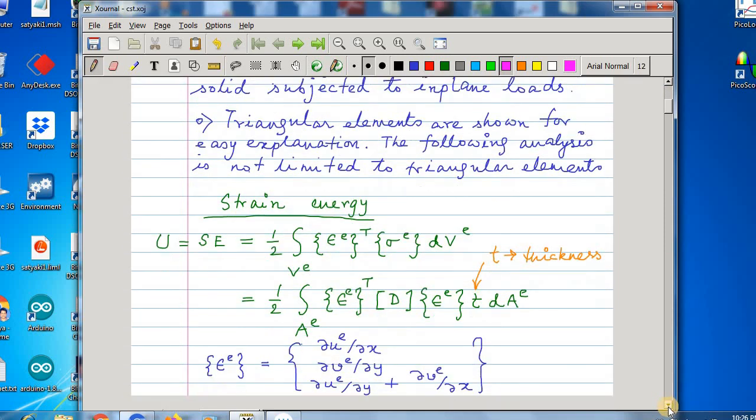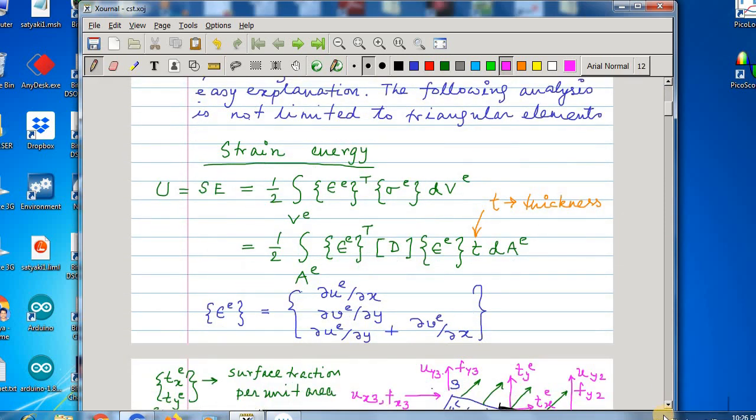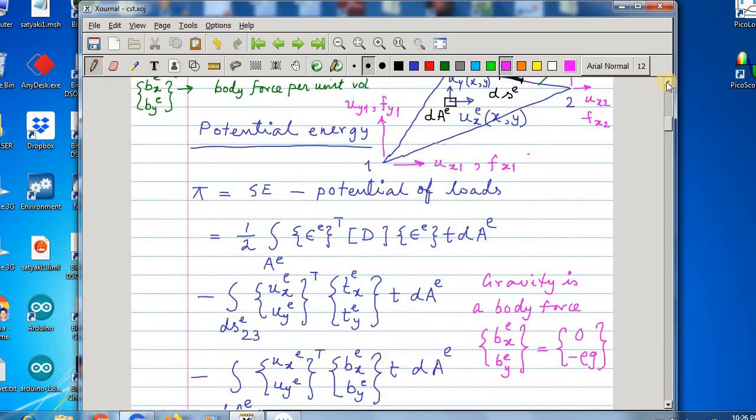Now if we proceed, first we have to find out the potential energy expression, and for potential energy first strain energy is required. So strain energy is this, be it plane stress or plane strain, and sigma e is defined as D into epsilon e, where D is the stress strain matrix and epsilon e is this, which is already known to you.